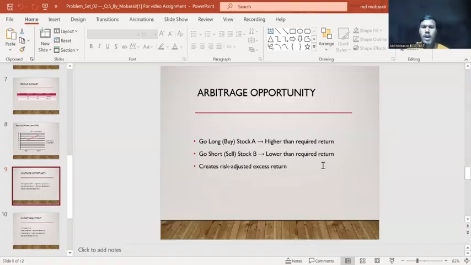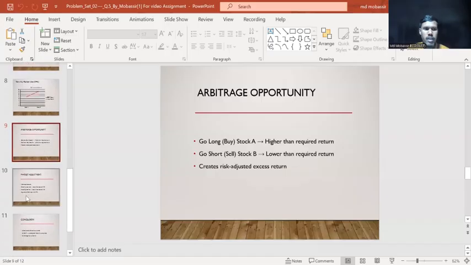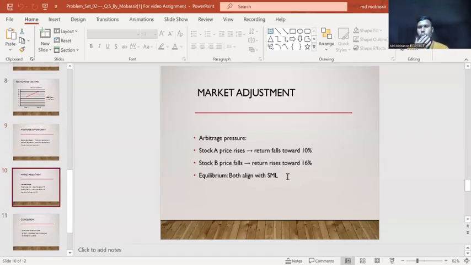And what does our arbitrage opportunity create? It creates risk-adjusted excess return. We can conclude that. Okay. Next, how is the market adjusted in this situation? In this situation, arbitrage pressure is created. Stock A price rises, which tends to make return fall towards 10%.